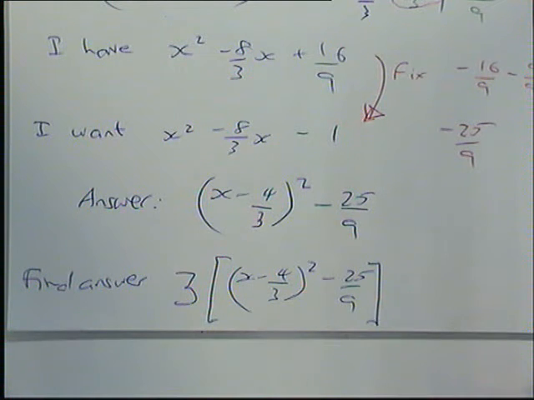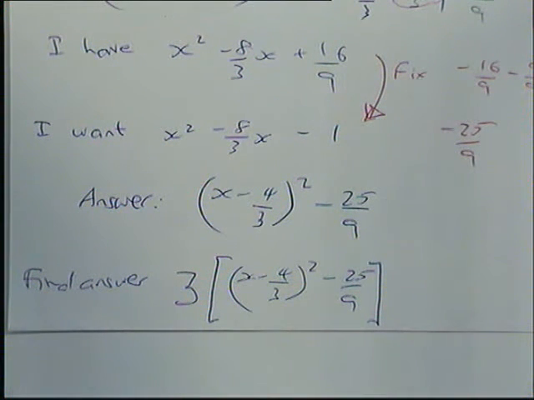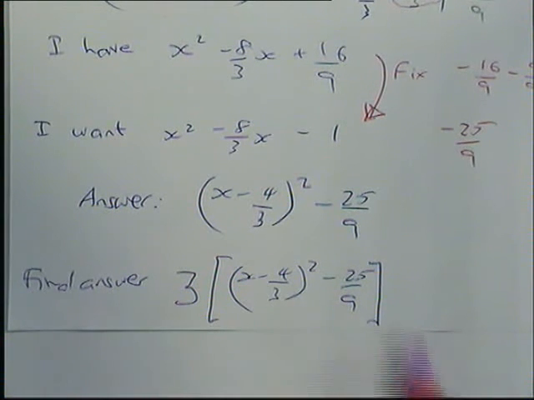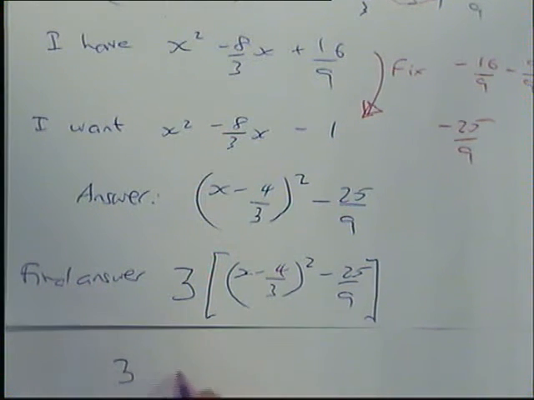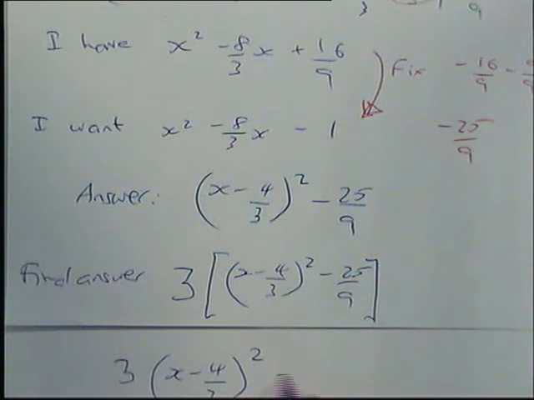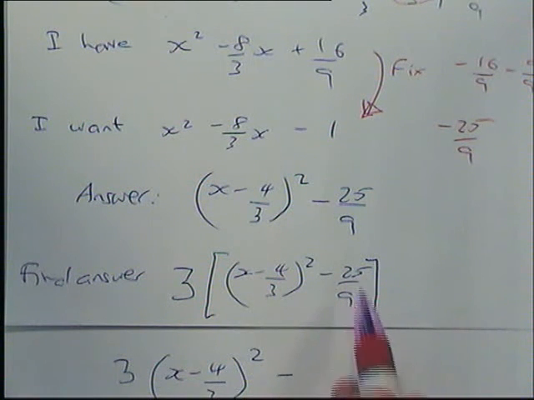Now, some books would leave it like that. Sometimes you might see the answer and they might multiply this out. So they might say, okay, well that's 3 lots of that, take away 3 lots of that. What's 3 lots of 25/9? Well, you can do it various different ways.